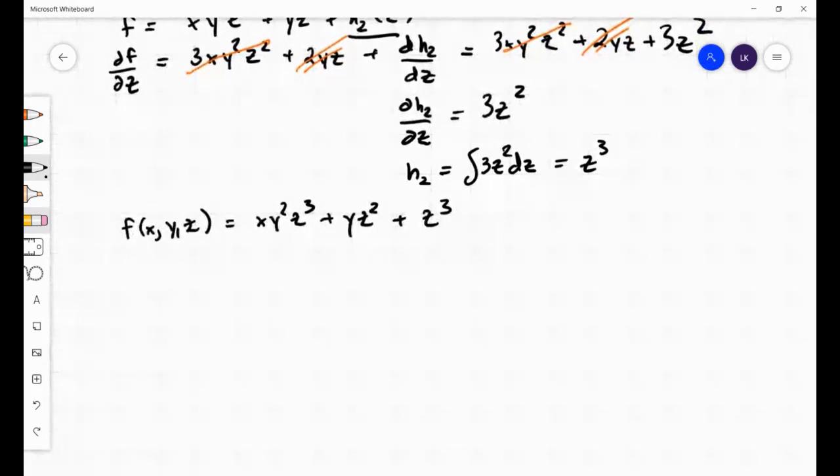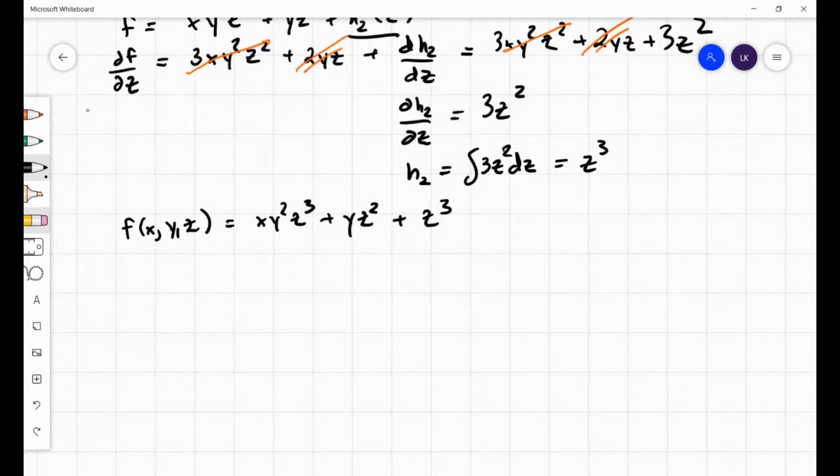Okay. So notice how this, the generalized Stokes theorem, works. So this is our 0 form. And this was our original 1 form, the work integral.